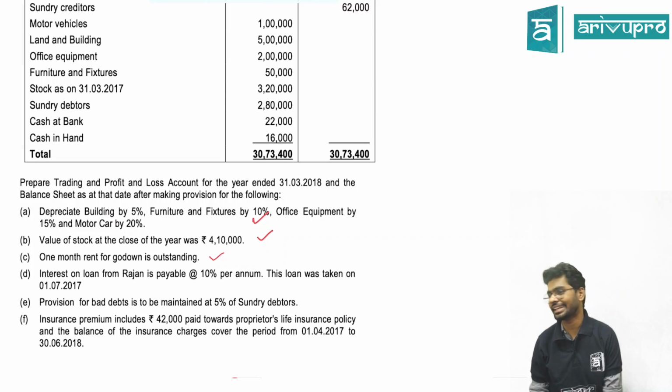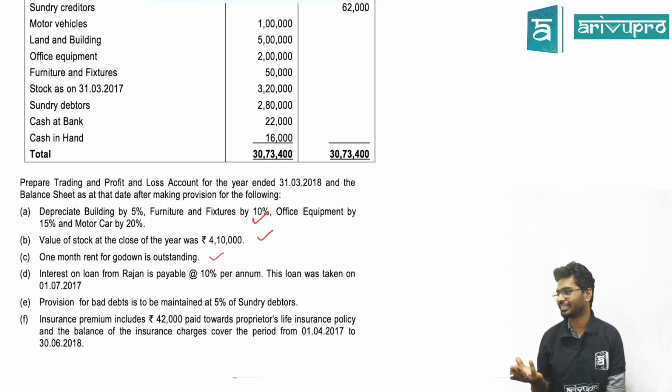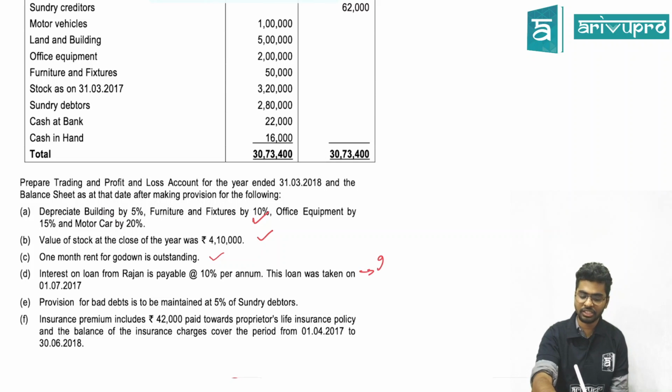They're saying it is payable. What is the journal entry for interest payable? Payable, outstanding. Interest is an expense. I did not pay it. So that's outstanding interest. So my journal entry would be interest account debited to outstanding interest.